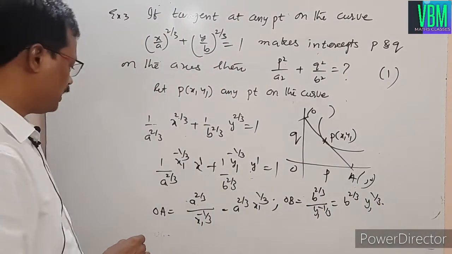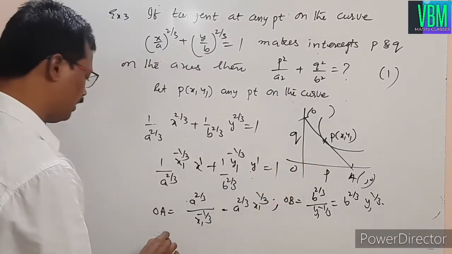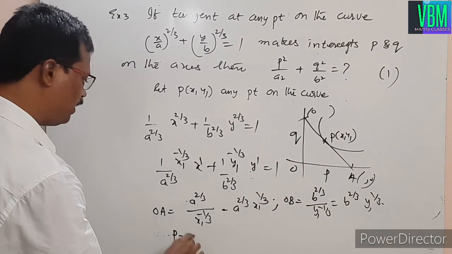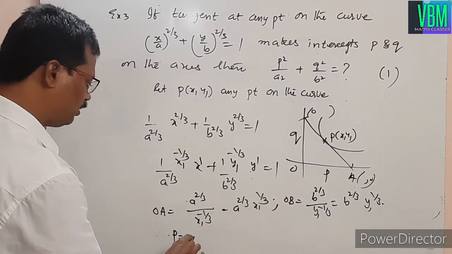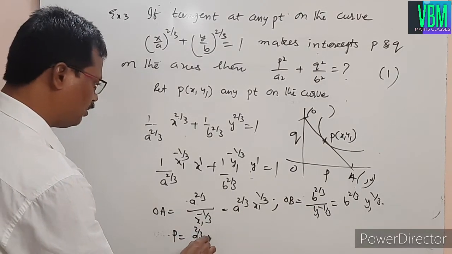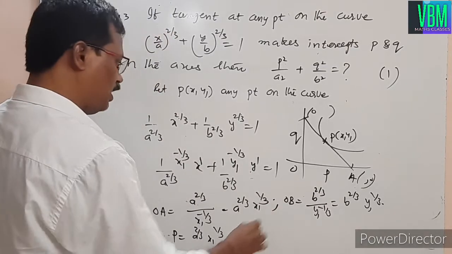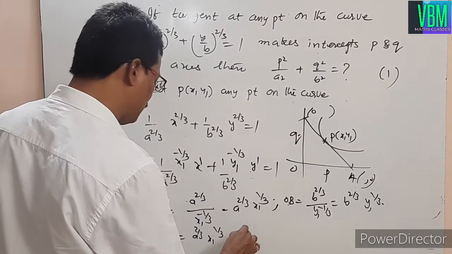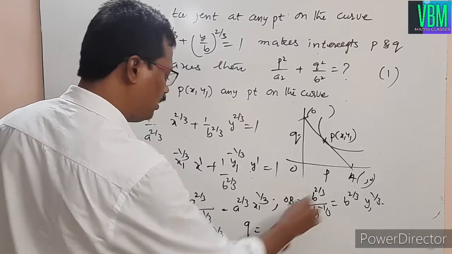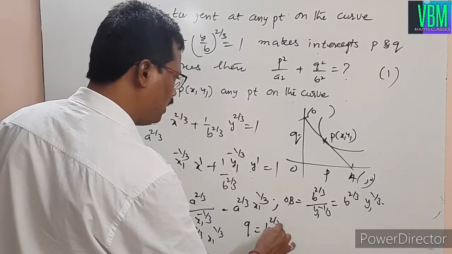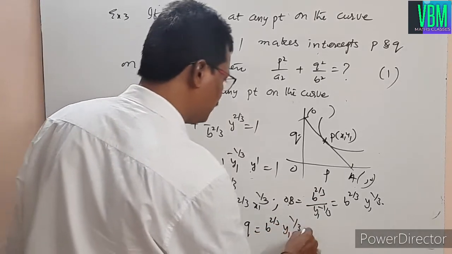And what is given for the x-intercept? The x-intercept is ap, given. So p is equal to a power 2 by 3 into x1 power 1 by 3. And the y-intercept OB is aq, given. So q is equal to b power 2 by 3 into y1 power 1 by 3.